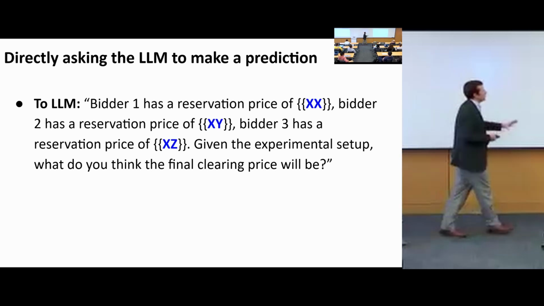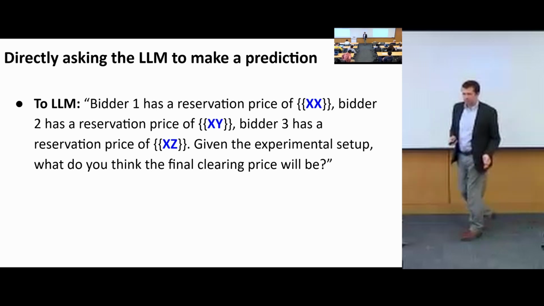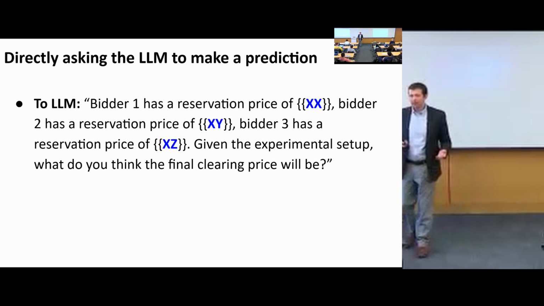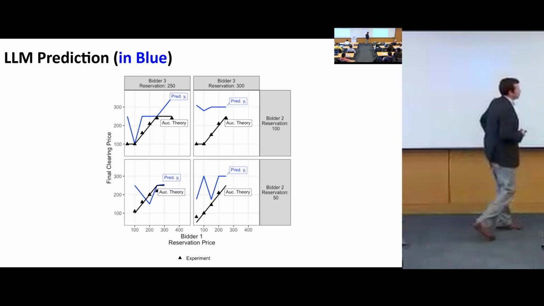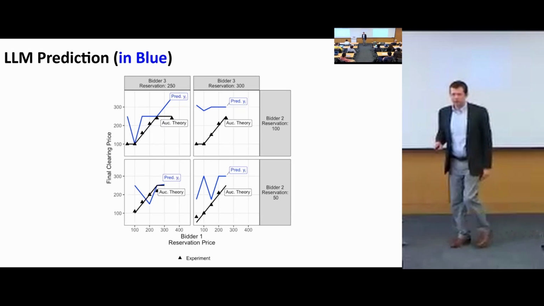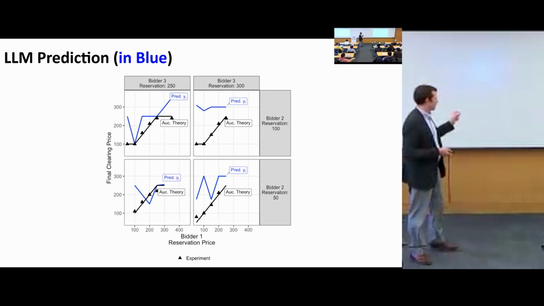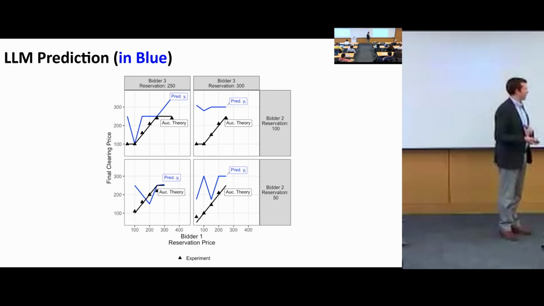If you knew this auction format, you could work out the math, but GPT-4 at the time couldn't. Here in blue are its predictions about what would happen. It's all over the place. It just wasn't able to map between the setup and what would happen.